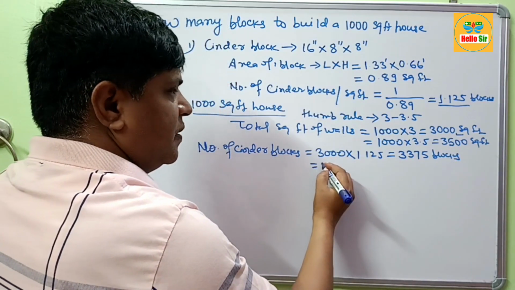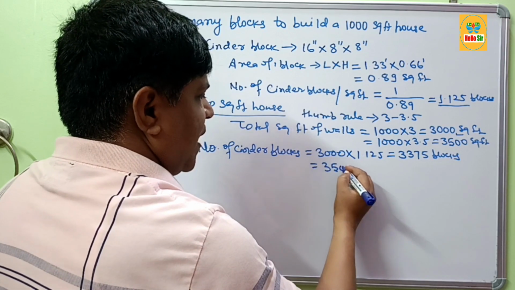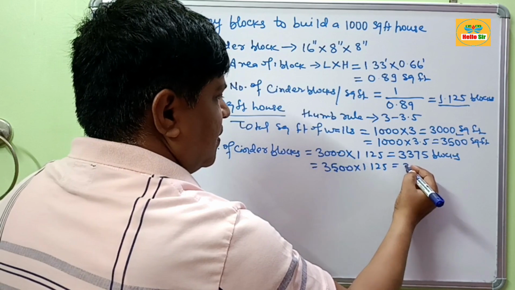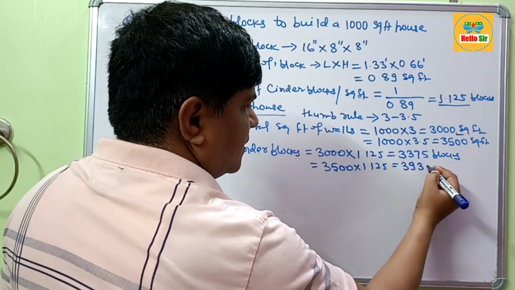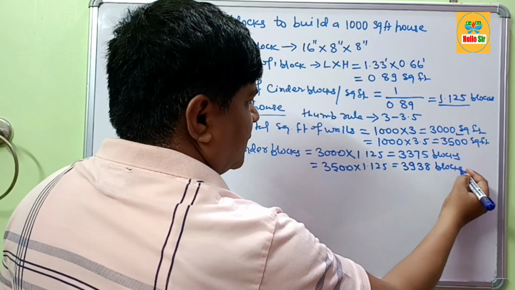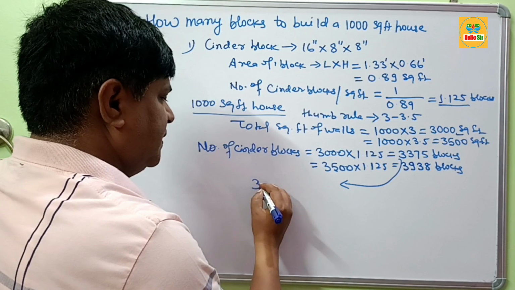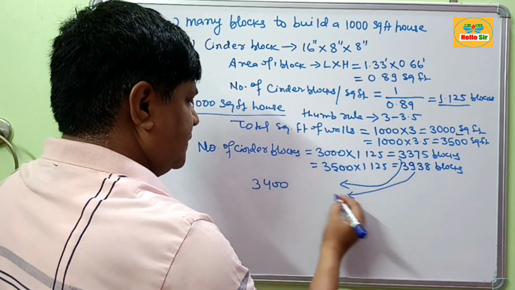And if you multiply 3500 by 1.125, this will come to about 3938 blocks. And this figure is near about 3400 and this figure is near about 4000.